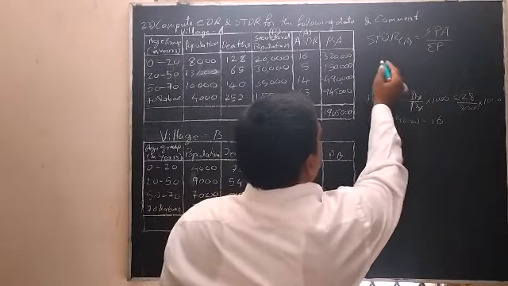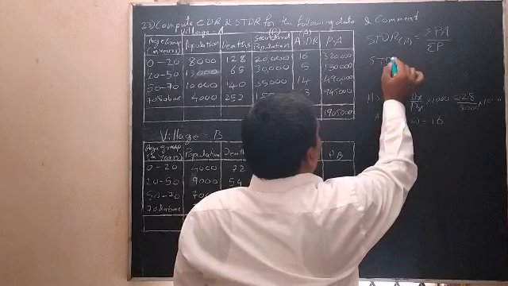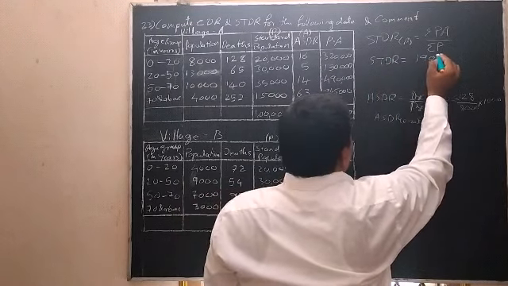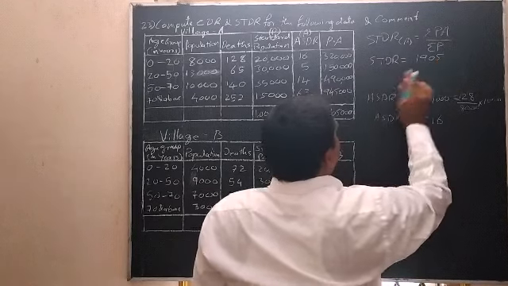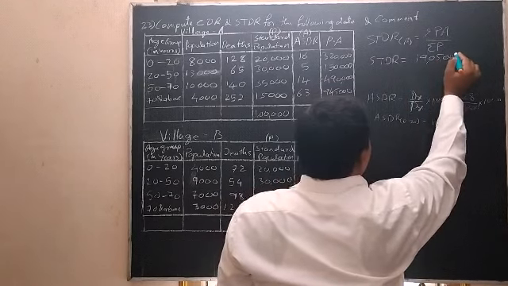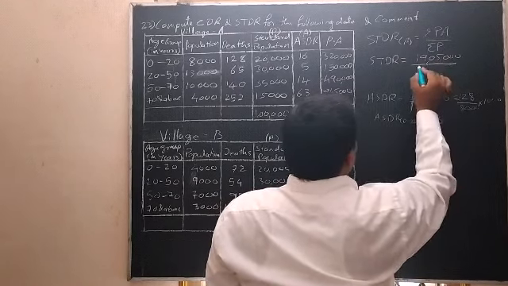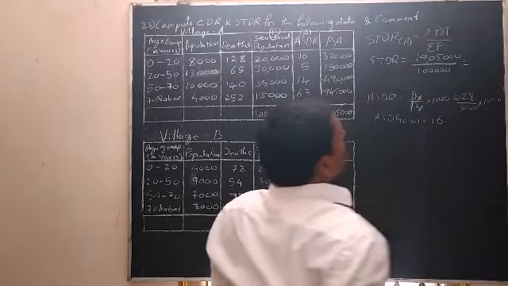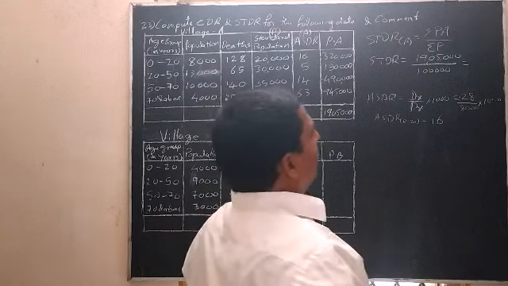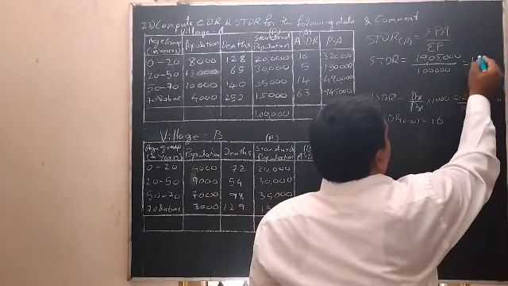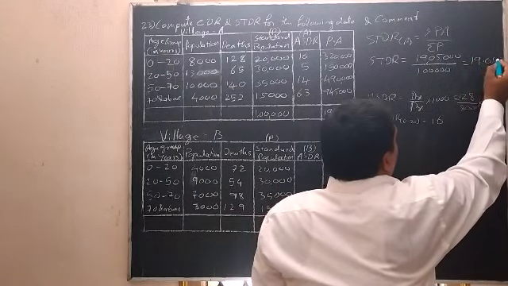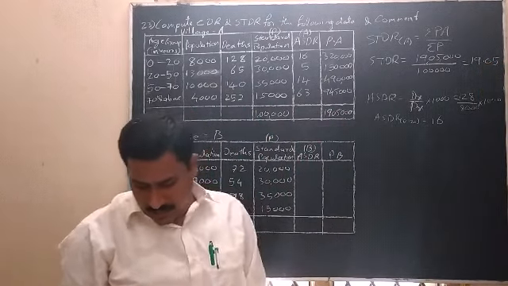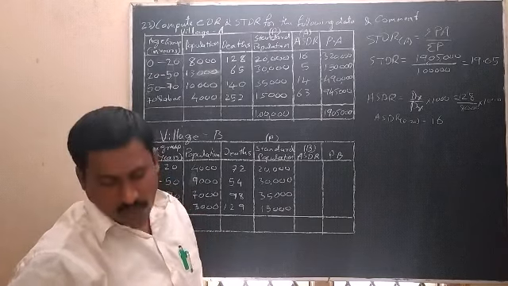So STDR is equal to 19,05,000 divided by 1 lakh, which is equal to 19.05. That is the STDR for the first location.